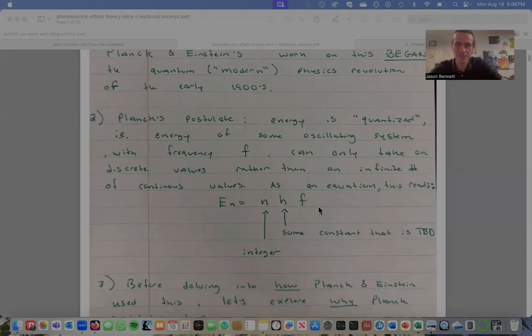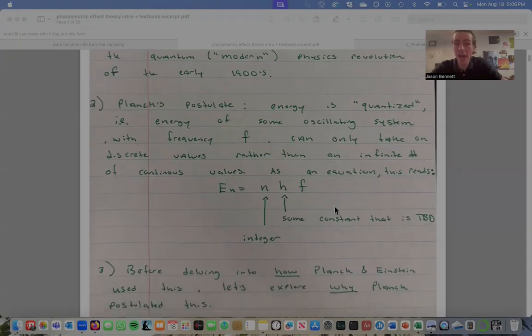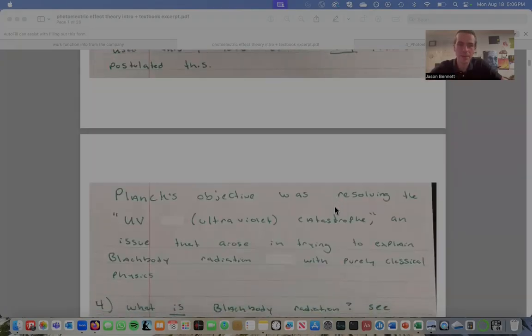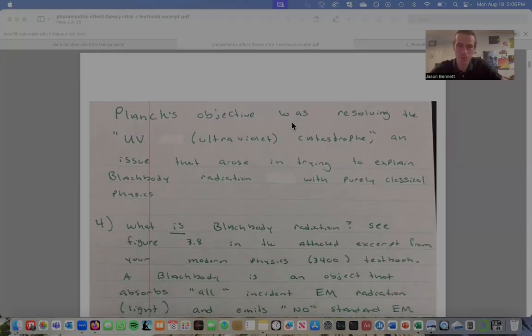Let's just delve into why. Before we explain how Planck and Einstein used this, why did Planck even do this? It turns out his objective was resolving something. Both of these, Planck and Einstein, were supplied with experimental anomalies.